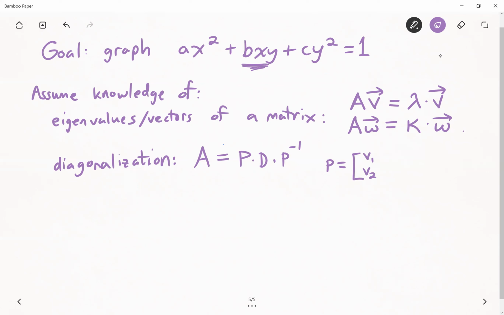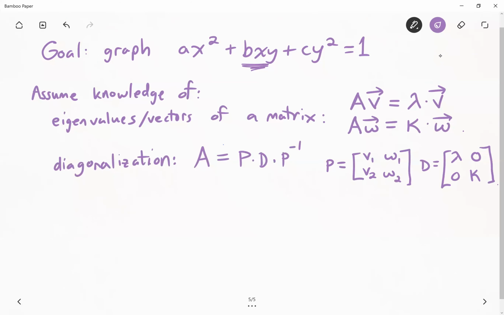So the first column has the entries for my eigenvector V. The second column has the values from the eigenvector W. And D is a diagonal matrix which contains the eigenvalues, lambda and kappa, from top left to bottom right.